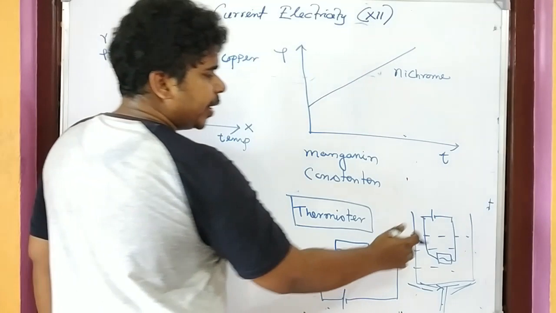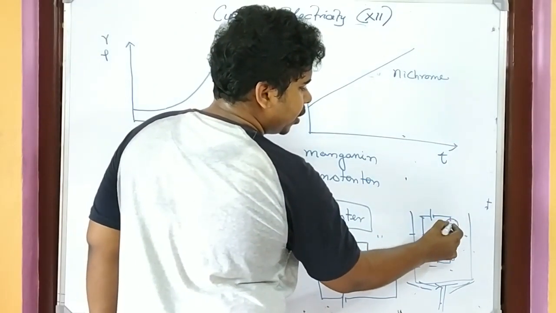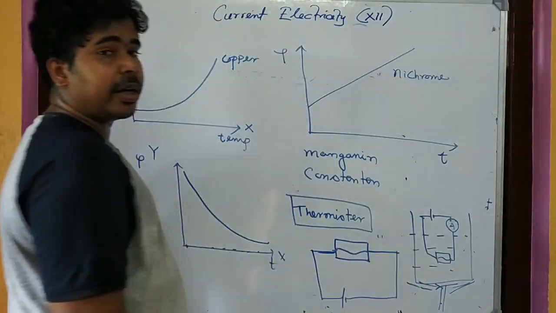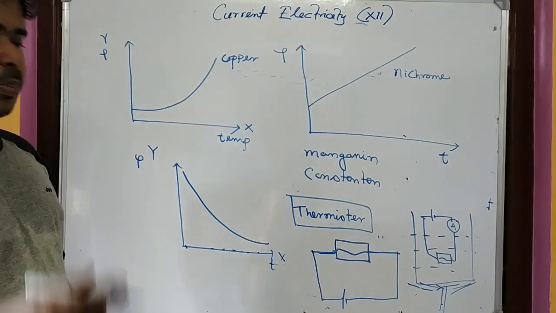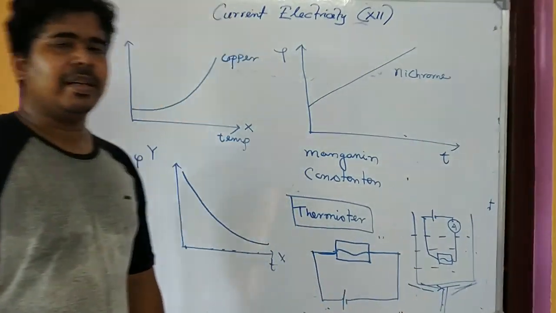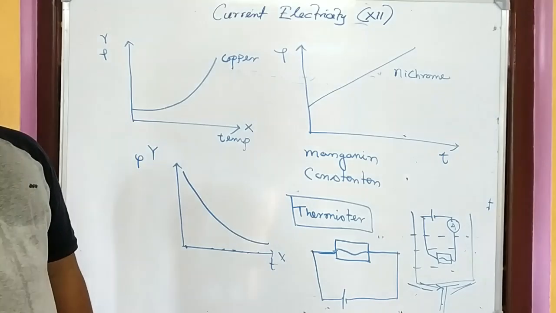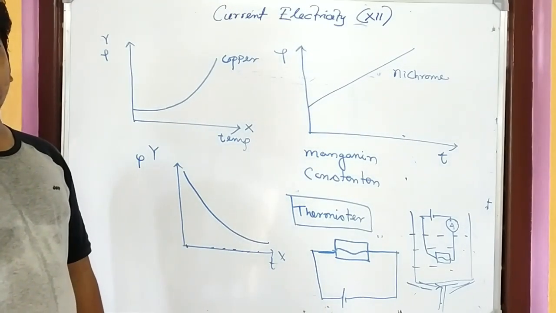And if I connect one ammeter here, which you all know measures the current, we will see the amount of current increase. So based on the amount of current, we can find the temperature of the water. So that is the use of a thermistor, right?